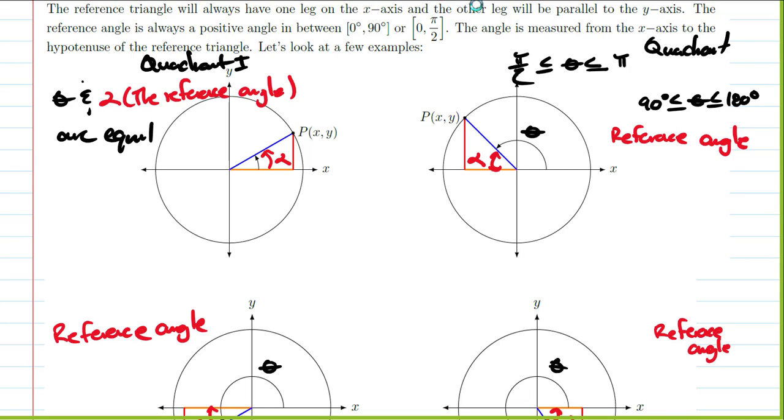Well, how would we compute alpha in quadrant 2? Well, we know the two angles are supplementary, which means their sum has to add up to 180. So here, alpha would be equal to pi radians take away theta, or 180 degrees take away theta.